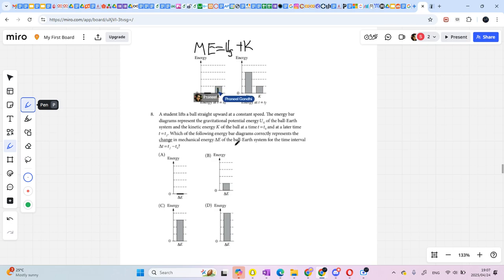Here we have one, and then here we have one, two, three, four. And so the change is 3 units of energy. And so with that, we have a change of 3 units of energy.